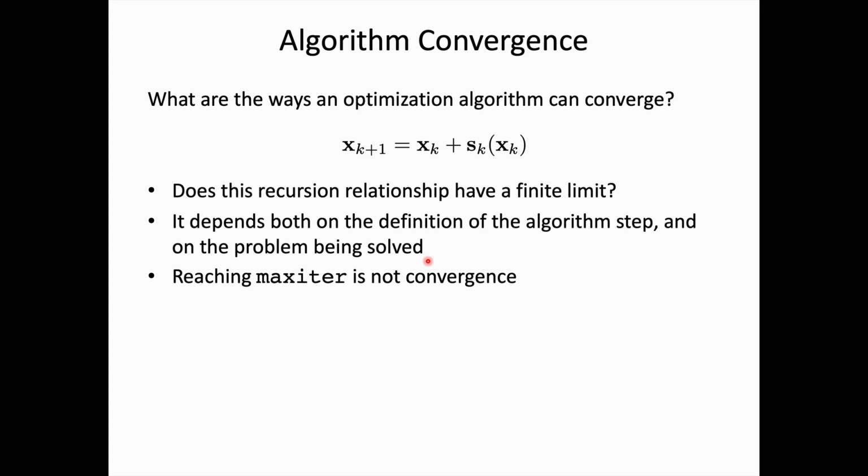Something that's important to remember is that if we terminate because we've exceeded the maximum number of iterations, that is not considered algorithm convergence. We've basically been caught by the safety net.